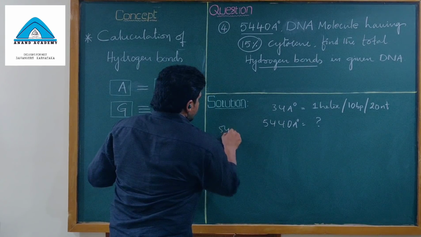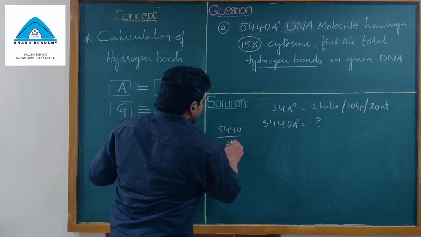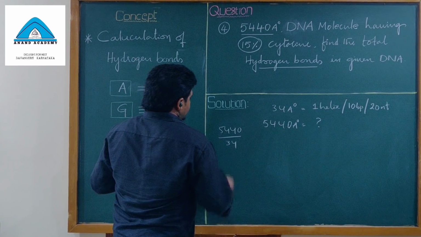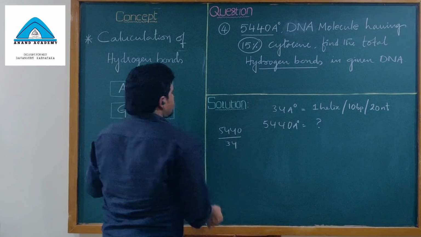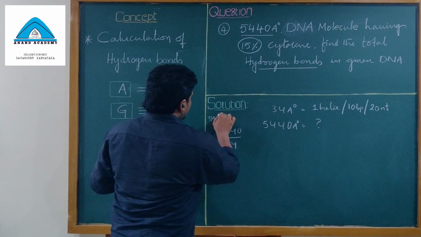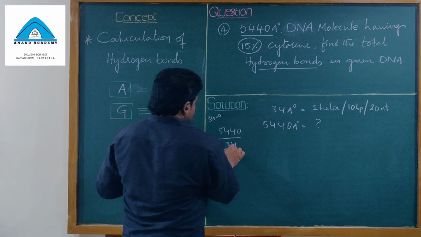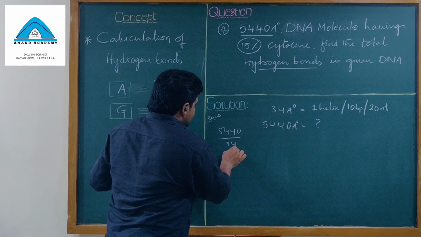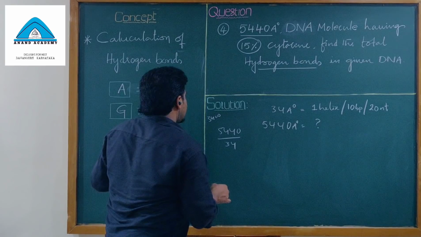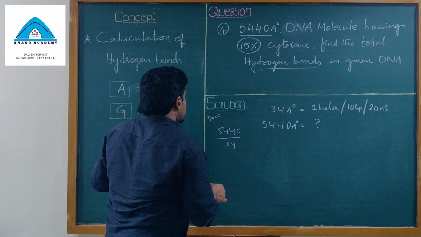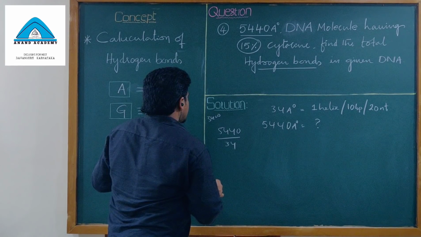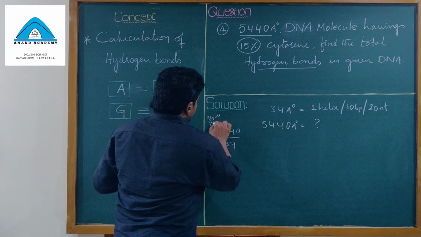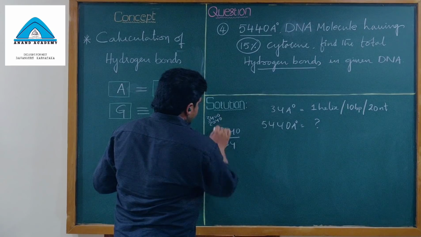So 5440 divided by 34. 34 hundreds is 3400, and 34 times 60 is 2040.